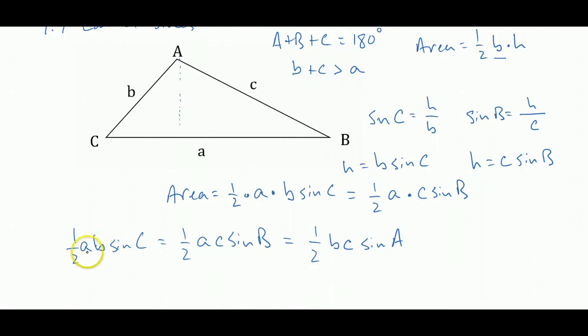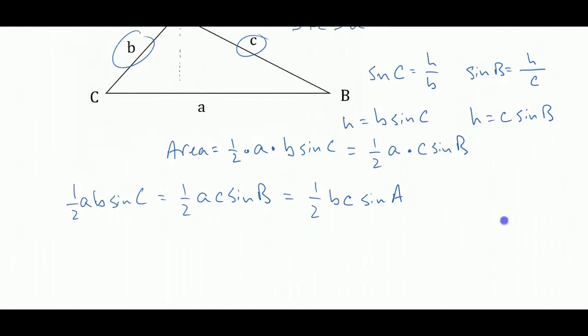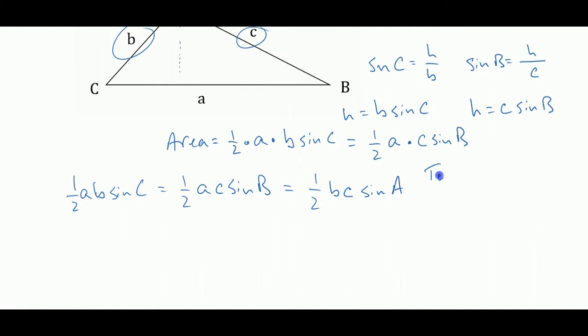When you've got two sides A and B, you work with angle C. When you have sides A and C, you work with angle B. And when you have sides B and C, you work with angle A. In each of those cases, that is two sides and the included angle.